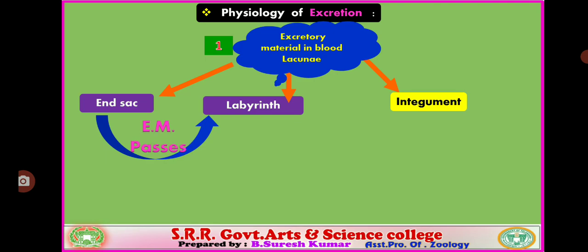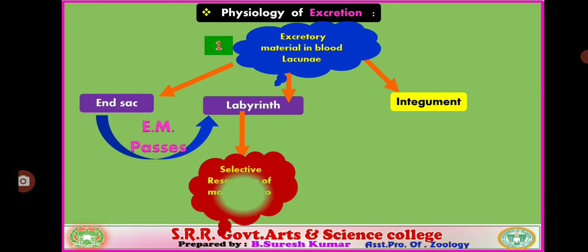Then from the end sac, the collected nitrogenous wastes are transported to the labyrinth glandular plexus. Here what happens? Whatever collected material is present, selective reabsorption takes place in the labyrinth. The epithelial cells of the labyrinth assist selective reabsorption.